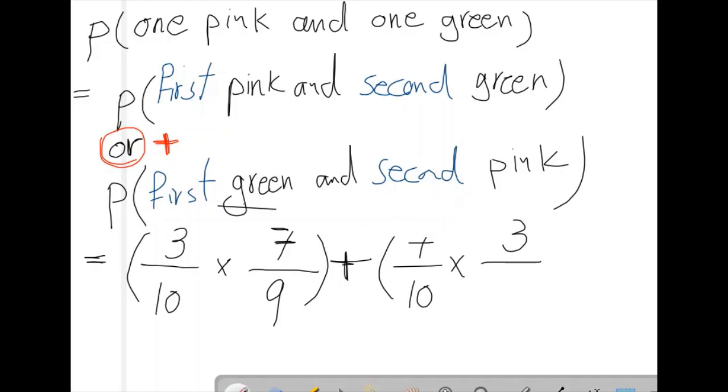But in total we have 9 candies in the bag because we put 1 green candy to the side. So the result is 42 divided by 9.